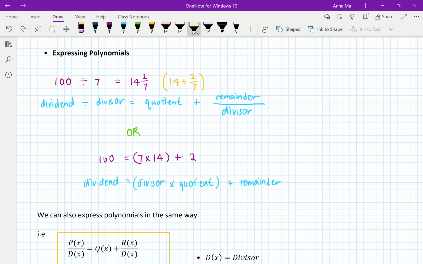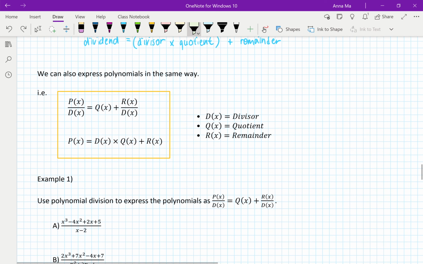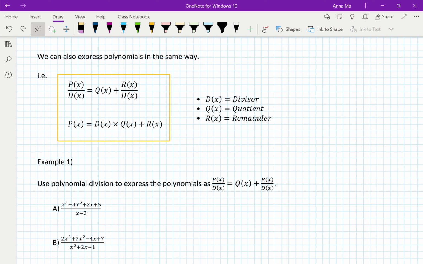So using the same expressions, I'm just going to name some of the components as polynomials. So we're going to call the divisor d of x, we'll call the quotient q of x, and then r of x as our remainder, and p of x is just any polynomial, which is going to be pretty much our dividend.